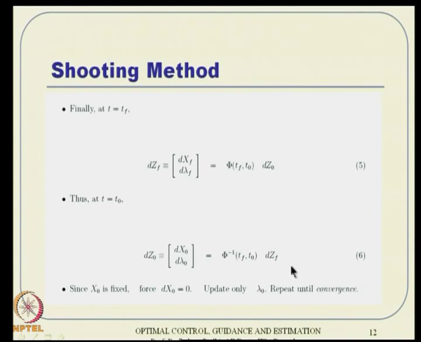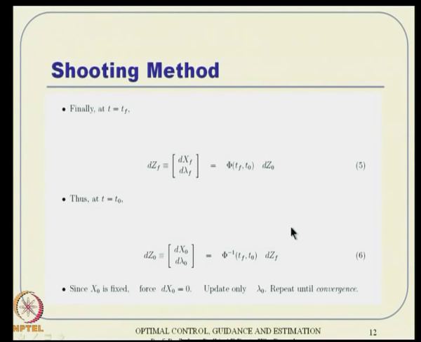Now, we do not want to perturb this dx_0, because dx_0 is fixed and we want to preserve that. So, we consider dx_0 equal to 0, and we are interested only in updating λ_0. You can keep on doing that until some convergence happens.